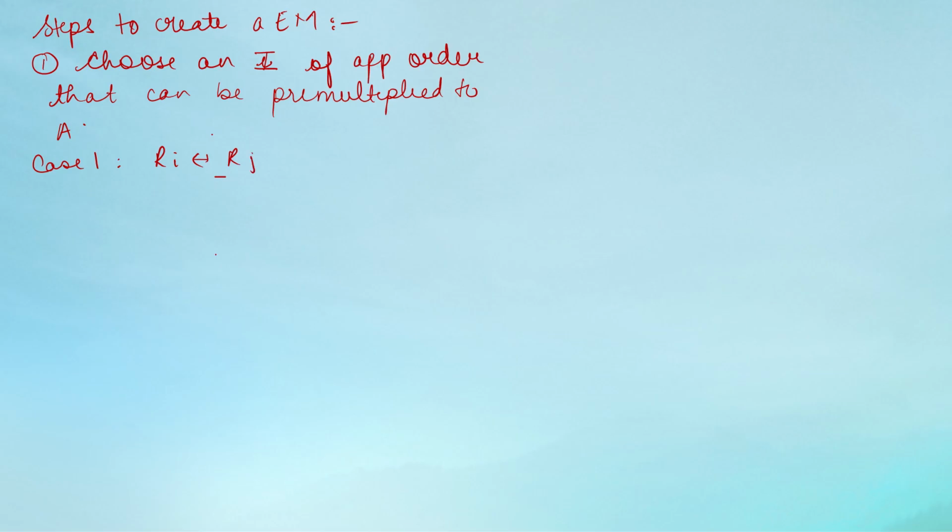When we multiply the identity matrix to any matrix, we'll get the matrix itself.